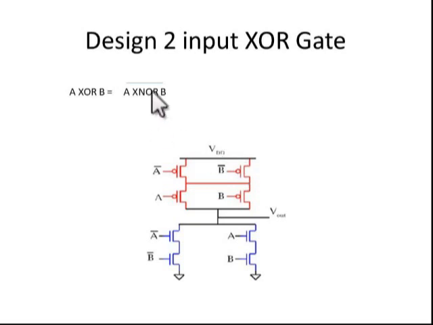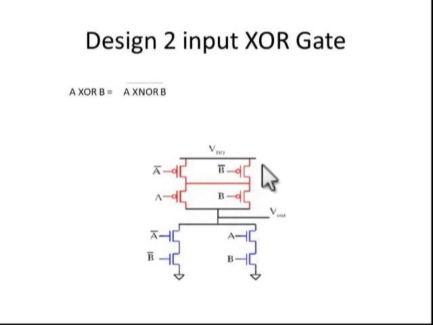What is the expression for A XOR B? The expression of A XOR B is A bar B bar plus AB. So A bar B bar should be connected in parallel in the PMOS. The corresponding A bar B bar must be connected in series. Then AB should be connected in parallel and the corresponding NMOS must be connected in series.